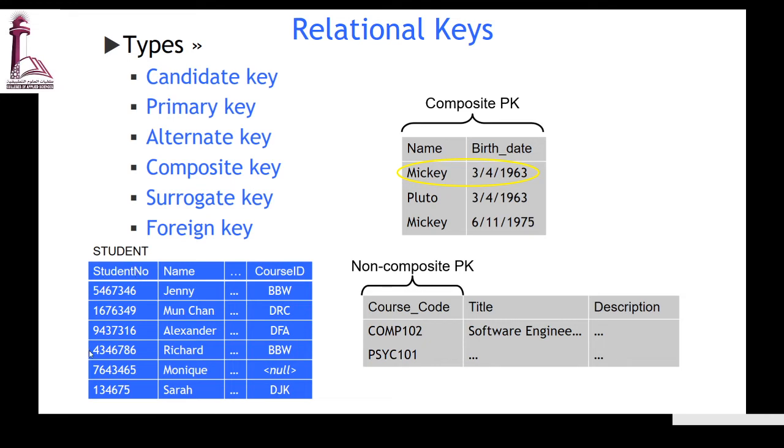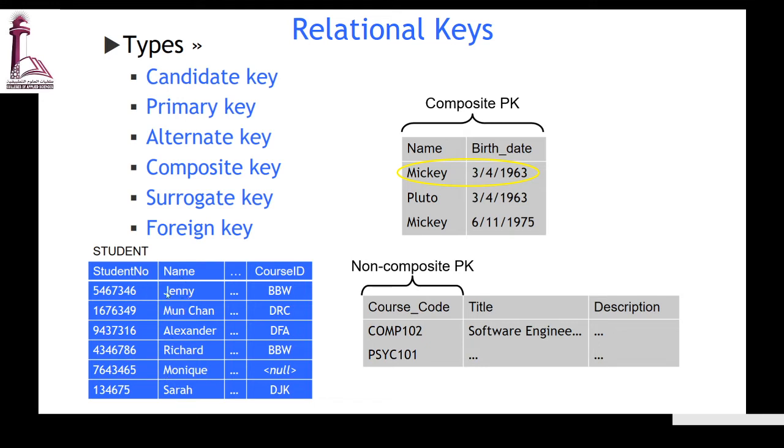These columns are called candidate keys. In a table, if a column is unique, not empty, stable and minimal, then it is called a candidate key. Here student number is a candidate key and also name is a candidate key.